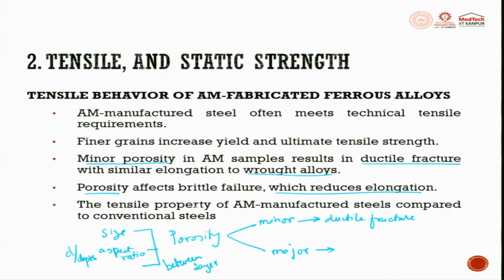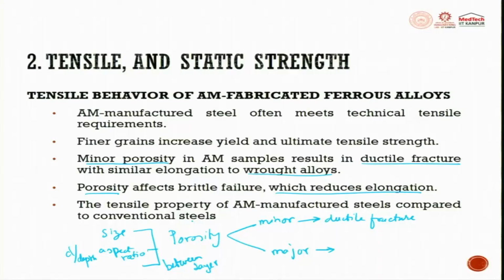The tensile property of additive manufactured steel compares to that of the conventional steel. So, we have come to that level today. Whatever your conventional steel is giving, we get almost equal to that. When you talk about conventional steel, it is very difficult to compare with rolling.